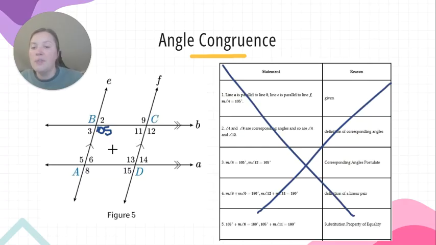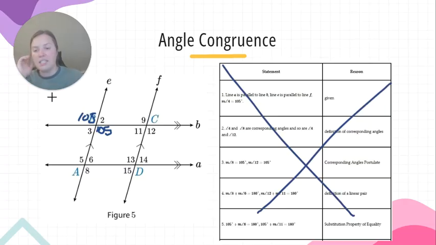The first thing I always love to look at is our vertical angle, because I don't have to do math. Vertical angles are congruent, so I automatically know that in here, B is a vertical angle, so it's 105 degrees. So I've got that taken care of.